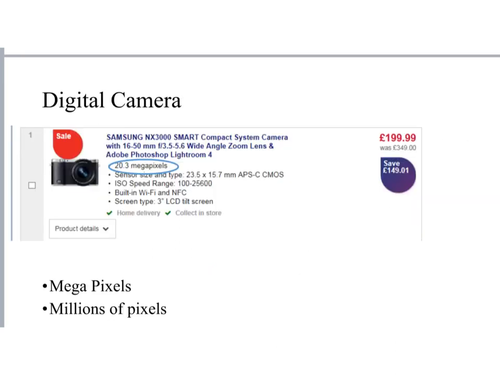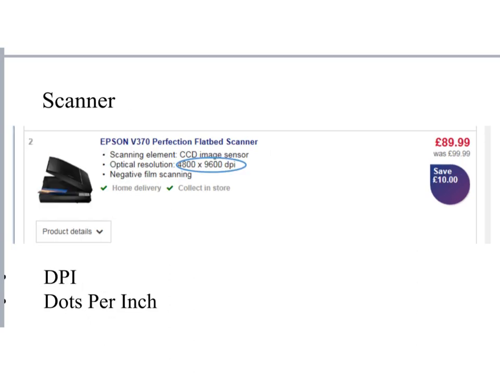This then led on to the idea of resolution and how different devices can have resolution as a measurement of how good quality is. Now in this example we've got a digital camera which is measured in megapixels, and you can see here this one has a resolution of 20.3 megapixels, which means 20.3 million pixels in every single image.